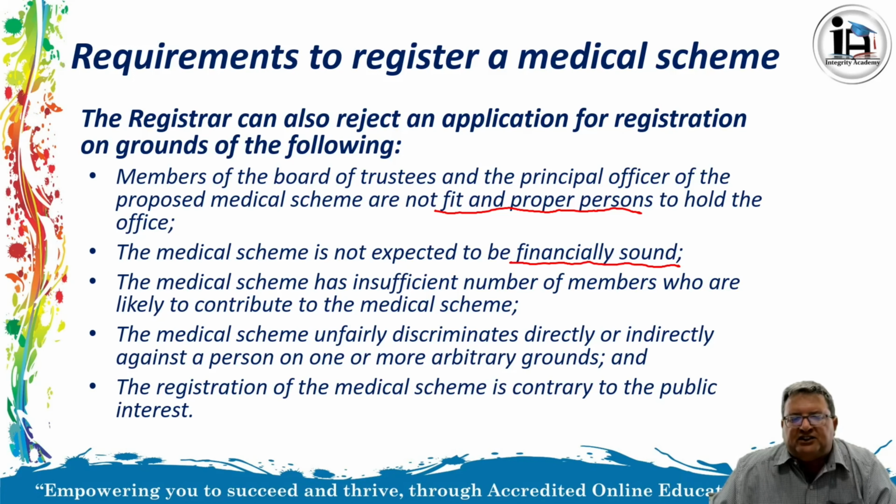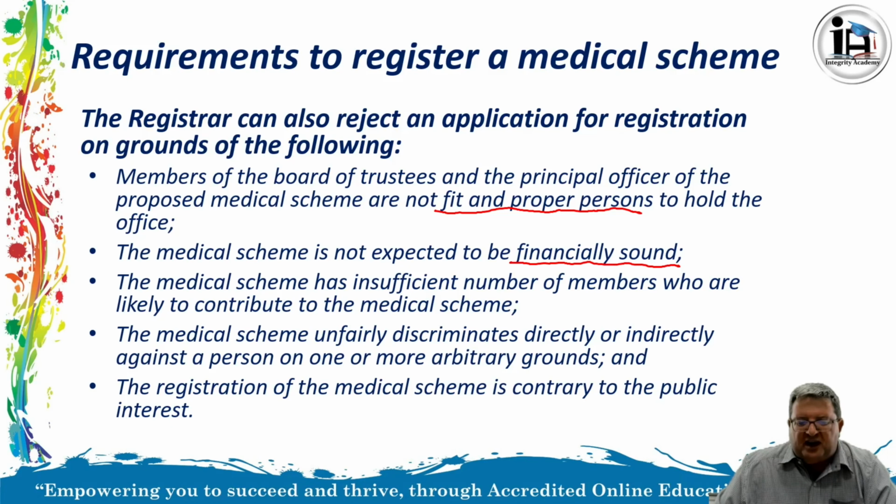Or if the medical scheme has insufficient number of members who are likely to contribute to the medical scheme. So if they see you're not going to have enough members who are likely to be able to contribute to your high fees, for example. The medical scheme unfairly discriminates directly or indirectly against a person on one or more arbitrary grounds.